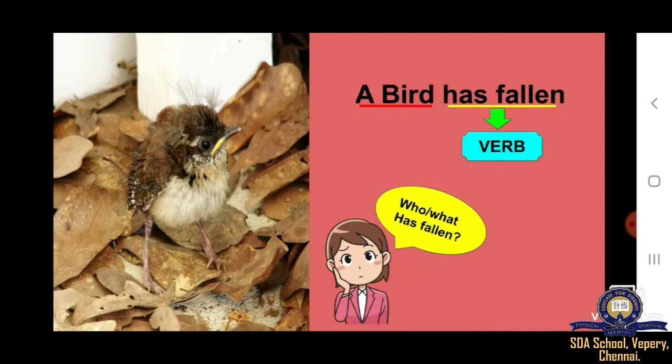Yes, a bird. So here bird is the subject. And children, you can notice there is an article before bird. There is no problem with an article coming along with the name of a person, place or thing. Okay, children?